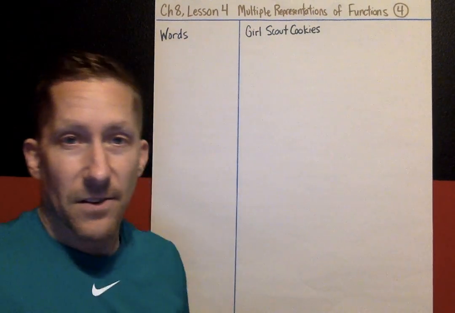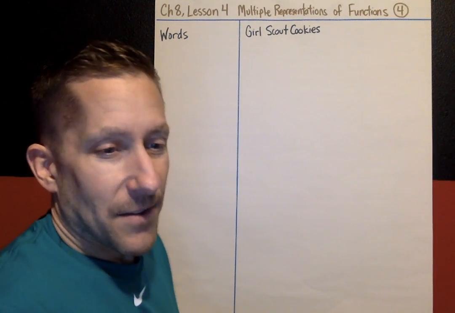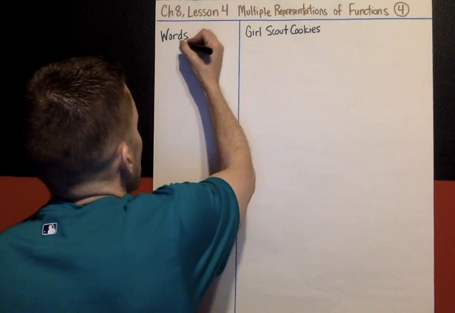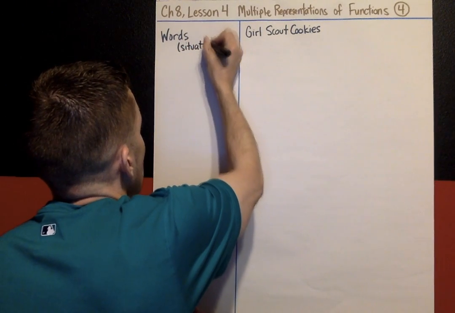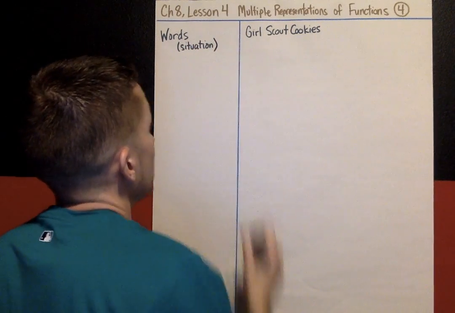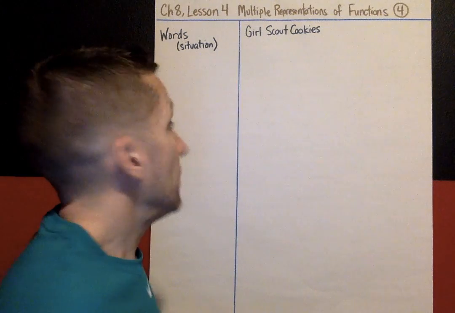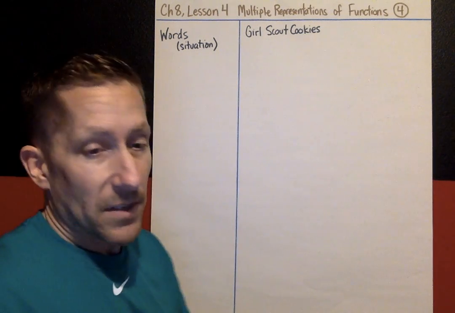Many of you even sell Girl Scout cookies. So the situation, words or a situation. Or also you could think of it as like a story. Here's the situation with Girl Scout cookies.